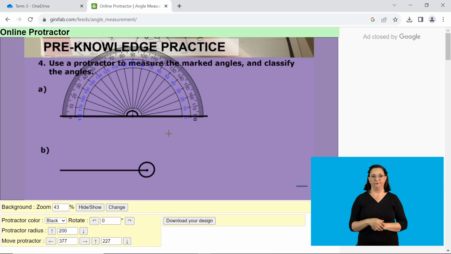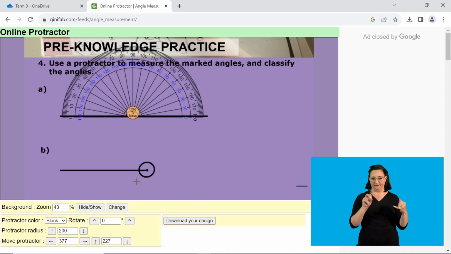Look at the next diagram. It's a straight line. And as I put the ruler on it, you'd realize that it starts from 0 to 180 on the blue line, and 0 to 180 on the black line as well, because that's what a straight line would give us, 180 degrees.